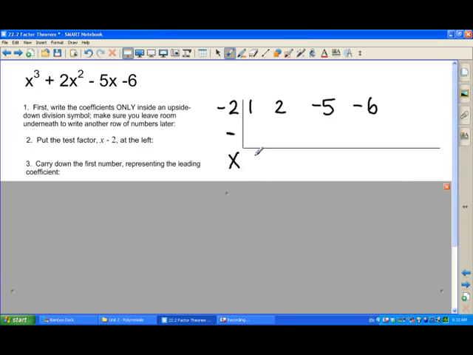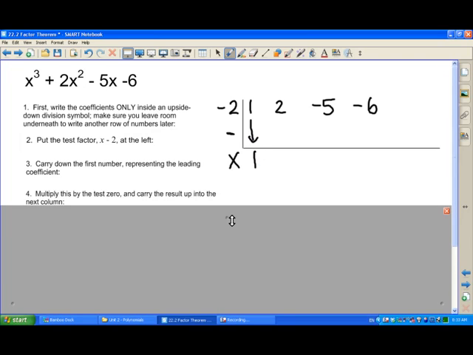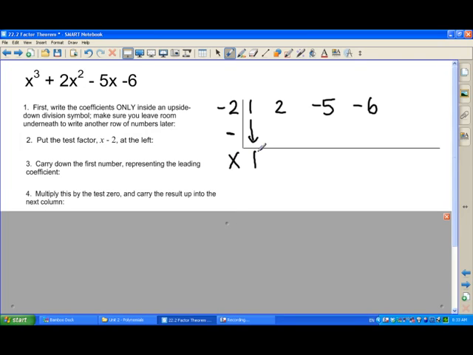So my first step now, once I've set up my synthetic division chart, is to carry down the first number. So I bring down the number 1. And then I multiply 1 by -2. So 1 times -2 is -2.